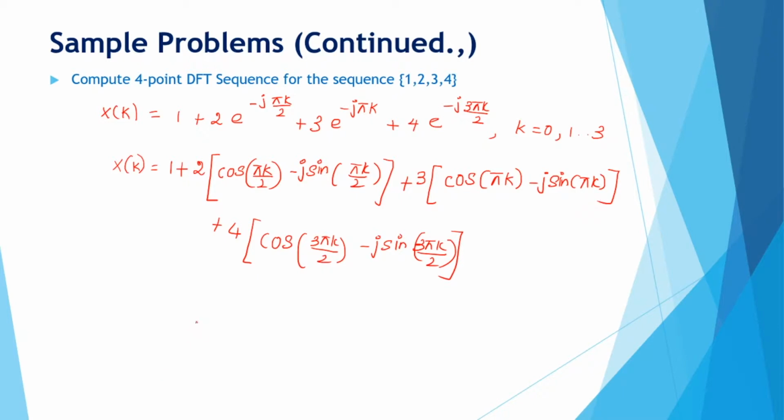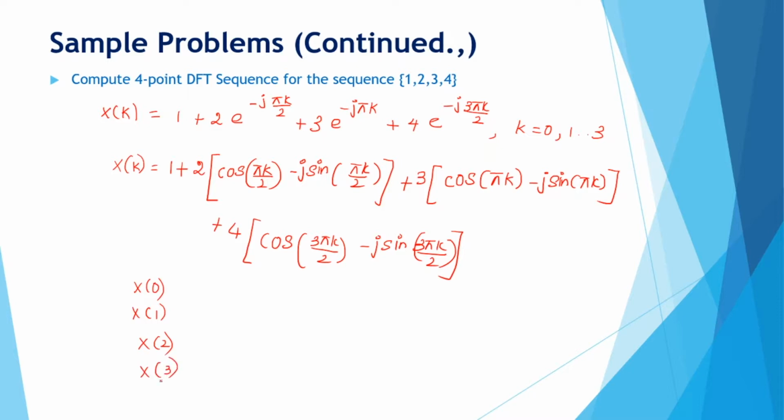Once this is done, I will say how to compute this long sequence in fraction of seconds using your calculator. Which means I have to find x of 0, x of 1, x of 2 and x of 3.